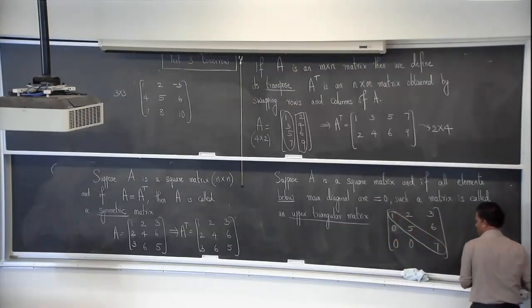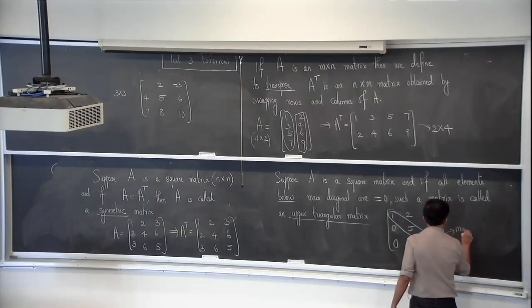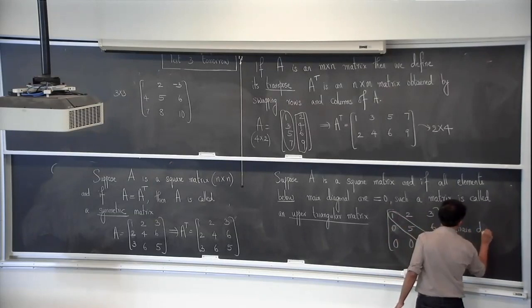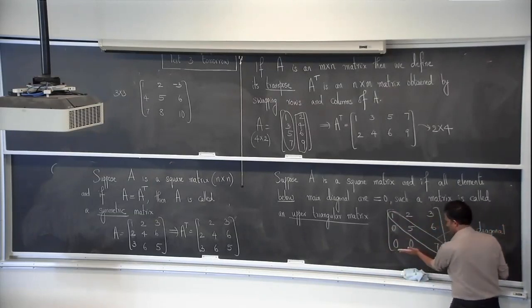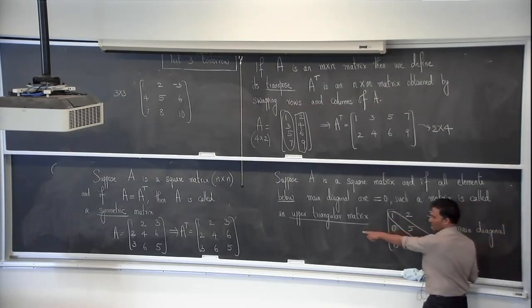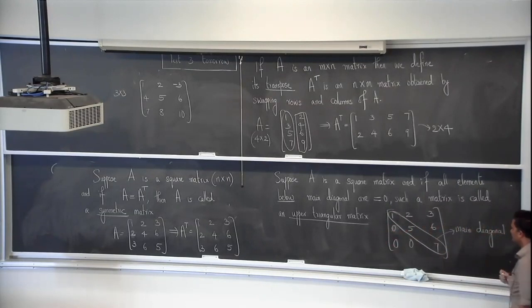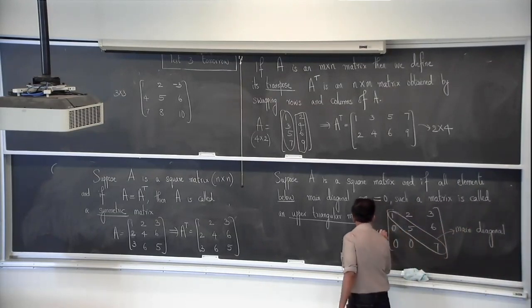The main one goes from left to right along the diagonal like this. And if everything below that is equal to 0, without caring for what is above it, this is what we call an upper triangular matrix. So this is a 3 by 3 upper triangular matrix.